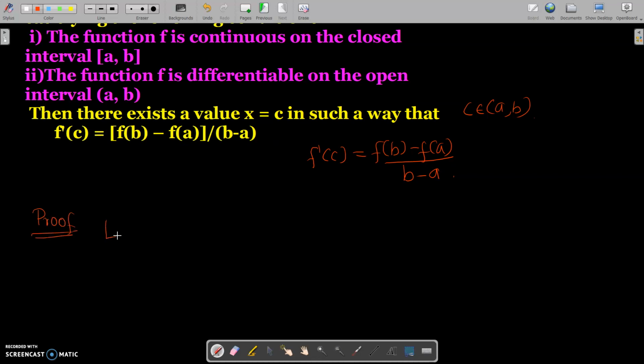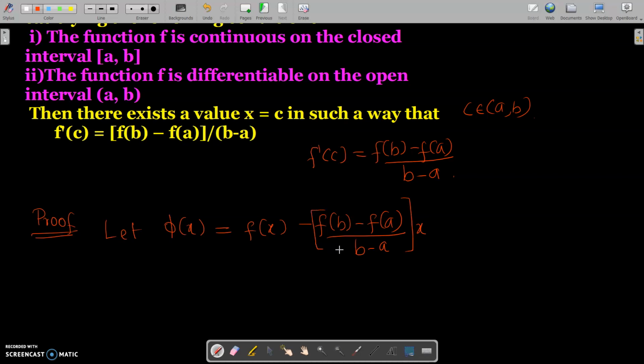To prove this, let us define phi of x equal to f of x minus f(b) minus f(a) divided by b minus a, into x.